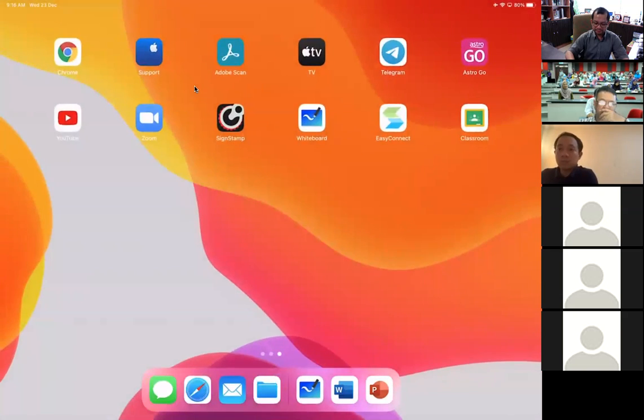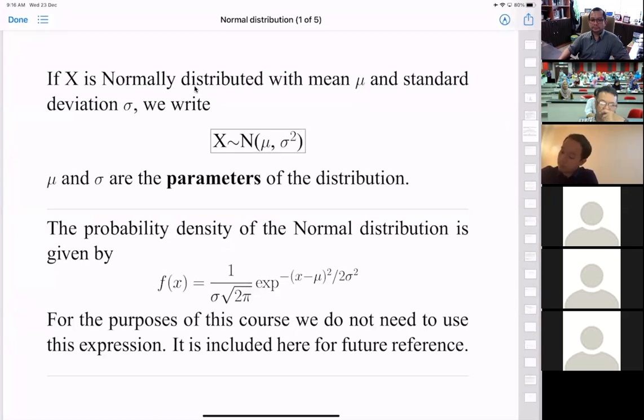That's how we write. N means normally distributed. And sigma here is the standard deviation. But in this expression, we write it as variance, sigma squared.